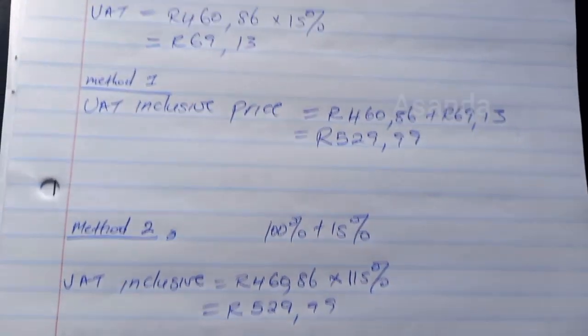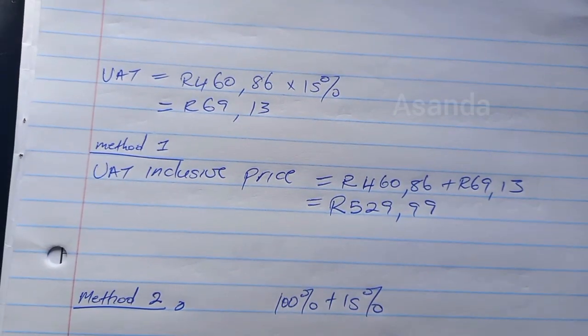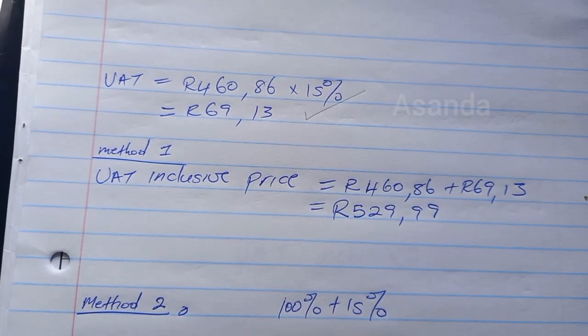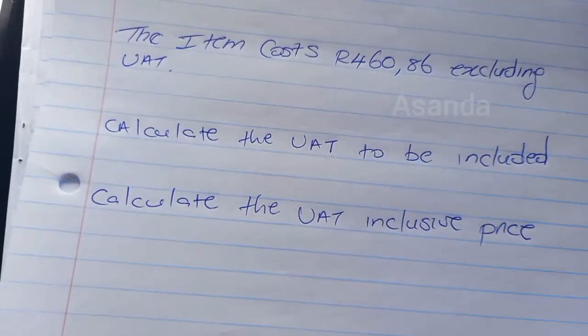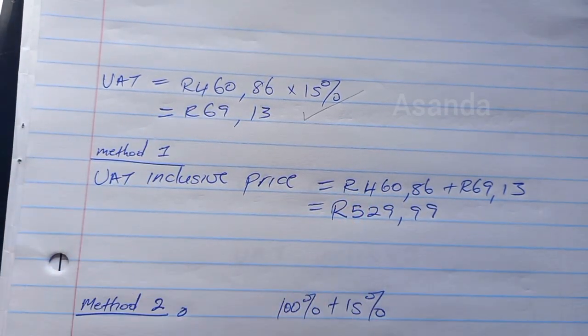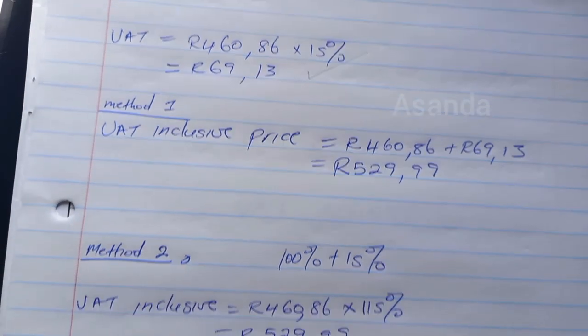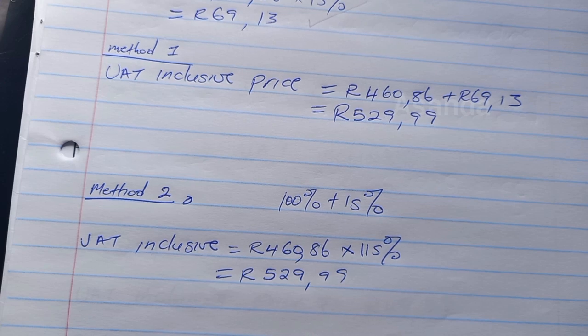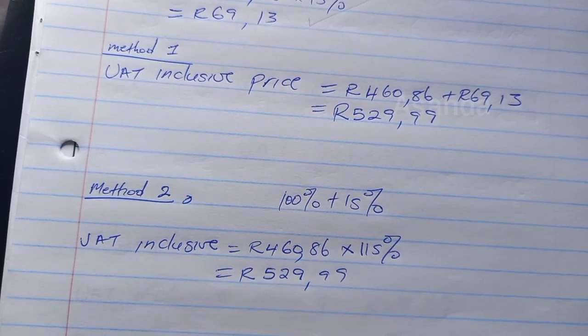Now remember, don't forget that the first question, I just kind of mended them together. The first question only said calculate VAT, and there we calculated VAT and that was it, right? And then the second question said calculate the VAT inclusive price. So this is where we're going to do this. You're supposed to start here and then add the two, but I skipped it because I already had it at the beginning. And then you can choose the second method, the short method, as I call it, where you add the percentages and then you multiply with the percentages, and then you get VAT inclusive.